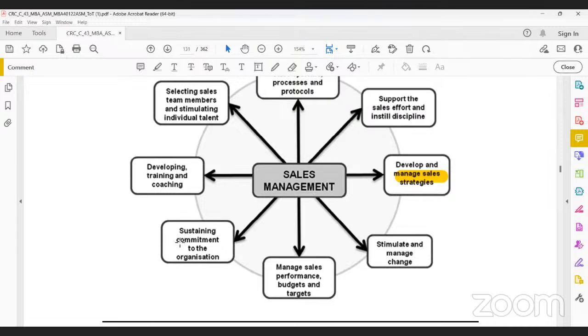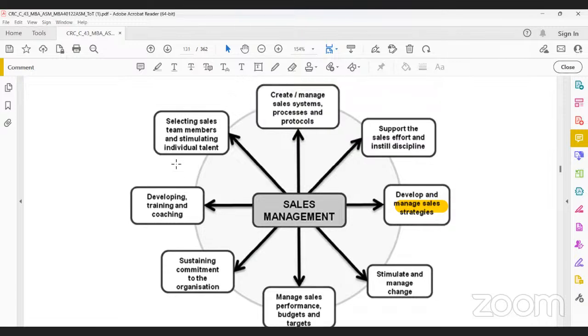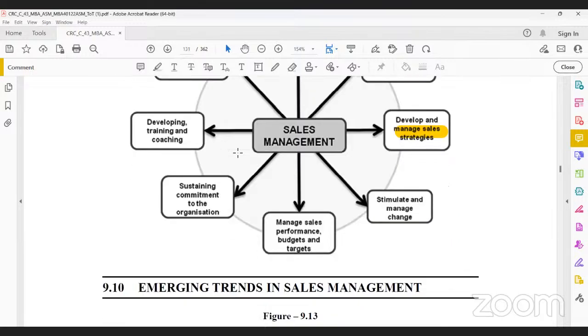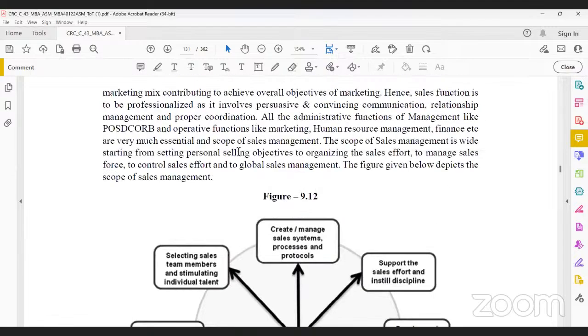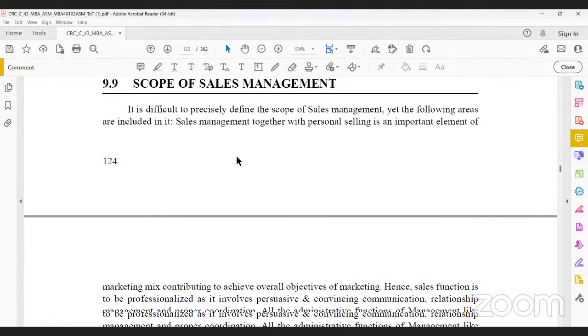Sustaining a commitment to the organization. Develop training and coaching, since the sales force requires training. Select sales team members and stimulate individual talents also. These are the scope of sales management.